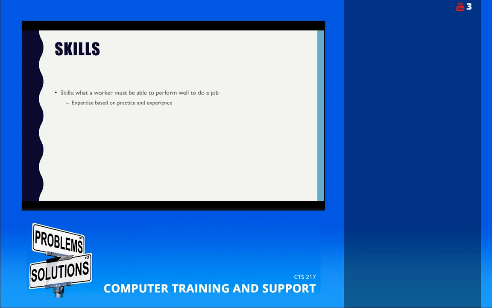So, the difference here would be like, a skill would be able to configure TCP/IP, whereas an ability would be able to lift 50 pounds. A skill would be able to configure a Cisco router.